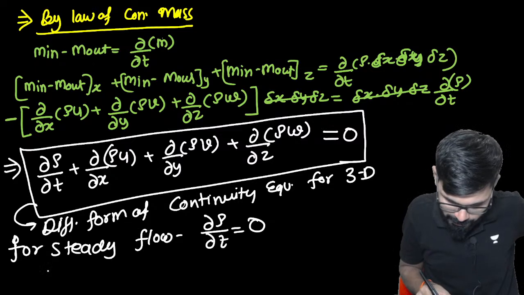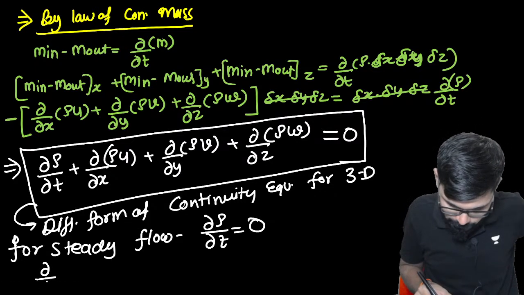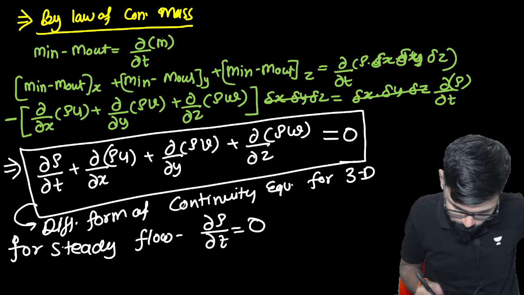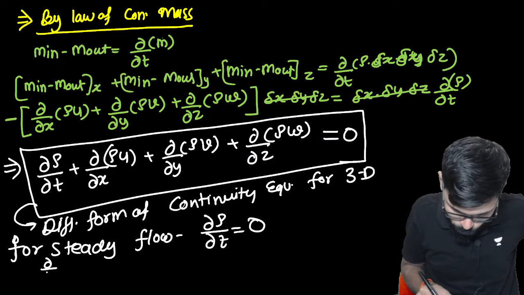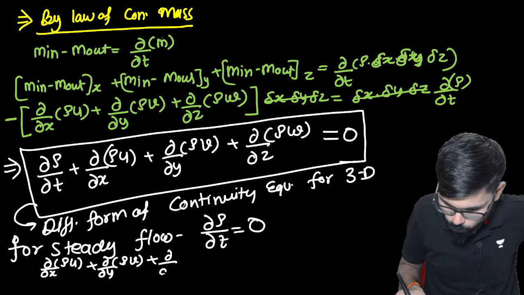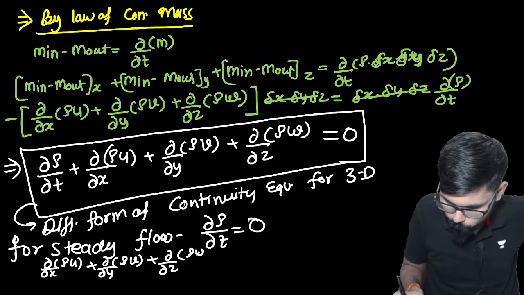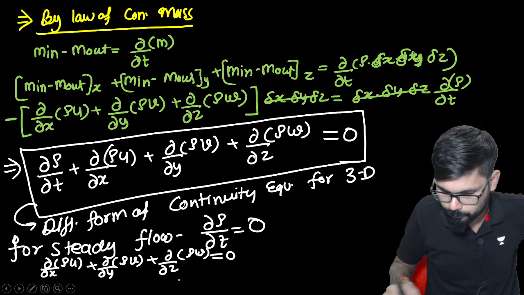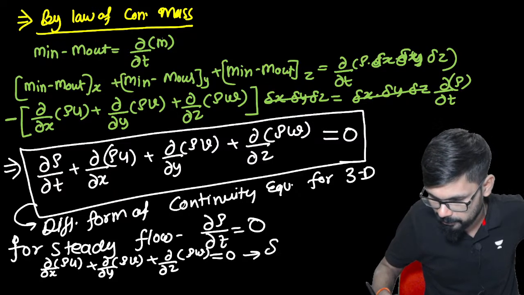Final equation बचेगी dou by dou x of rho into u plus dou by dou y of rho into v plus dou by dou z of rho into w is equal to 0. This is for steady flow.